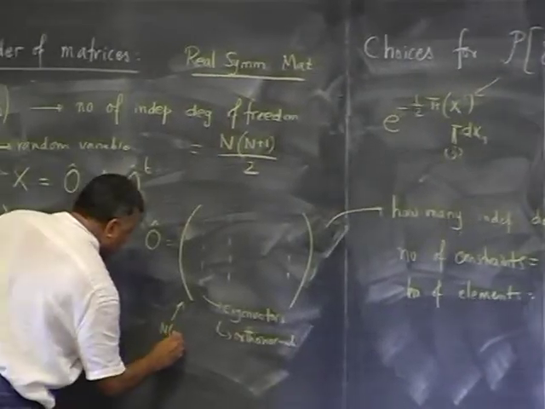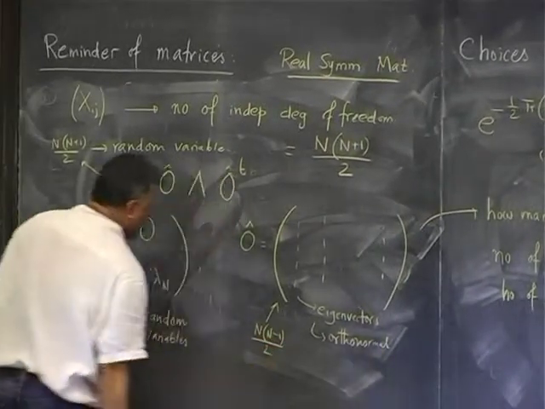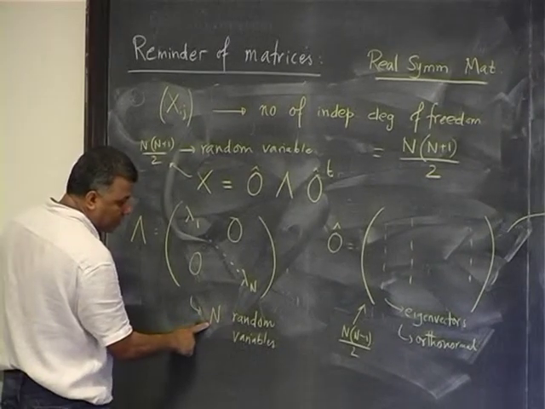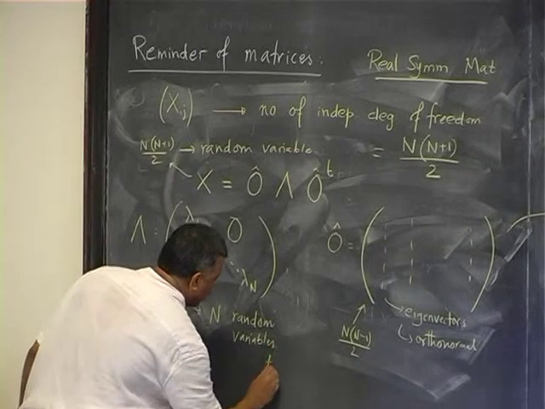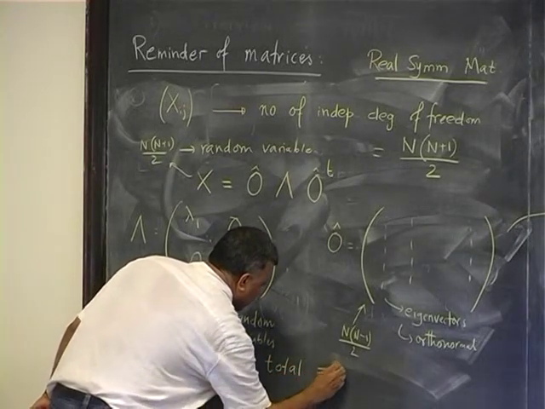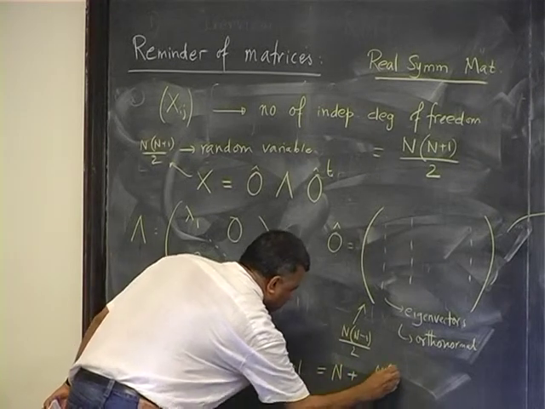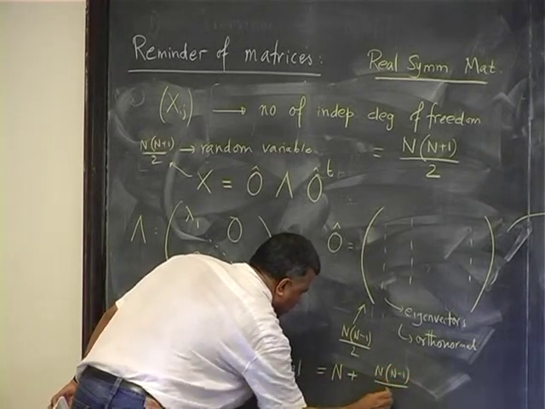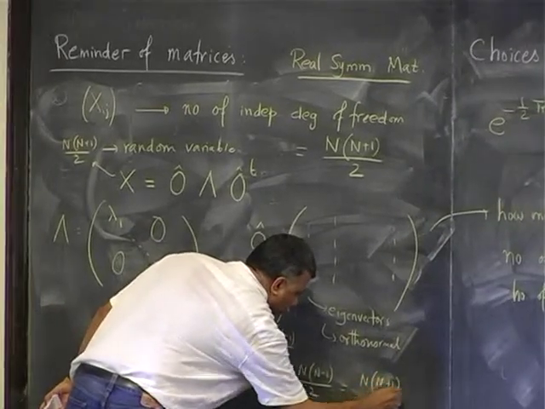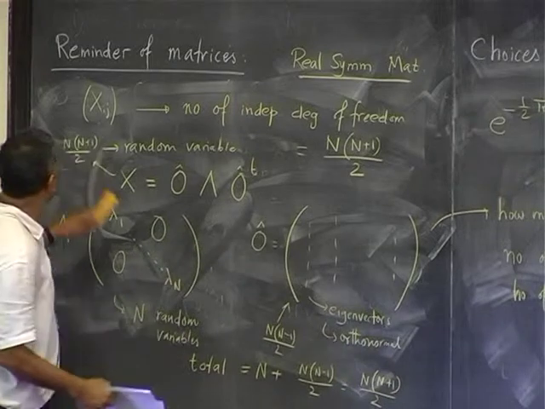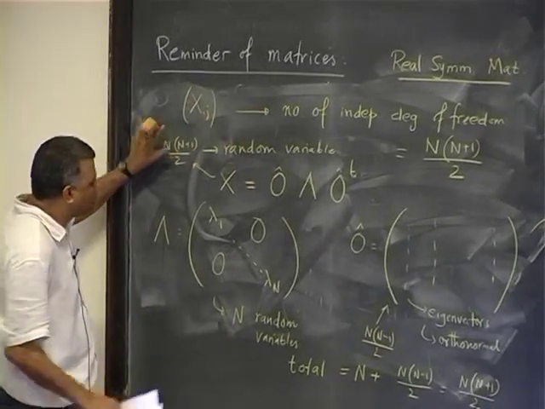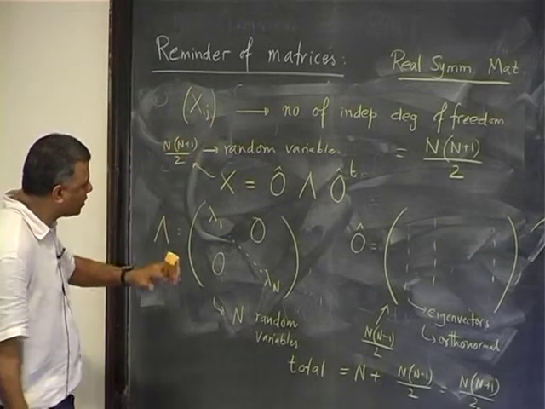n into n minus 1 over 2, and the number of degrees of freedom in the eigenvalue sector is n. So the total number of degrees of freedom happens to be the same as n into n plus 1 over 2. You started out with n into n plus 1 over 2 independent entries, and from these entries I'm diagonalizing.